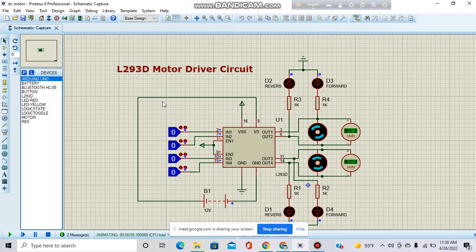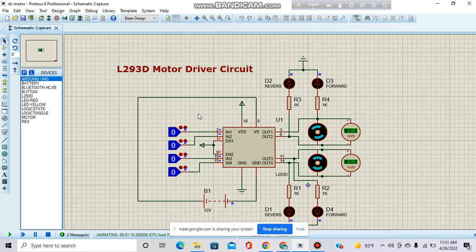The L293D motor driver IC has a total of 16 pins. Number 1 is ENA, and number 2 is input pin 1. Number 3 is output pin 1, and numbers 4 and 5 are ground pins.